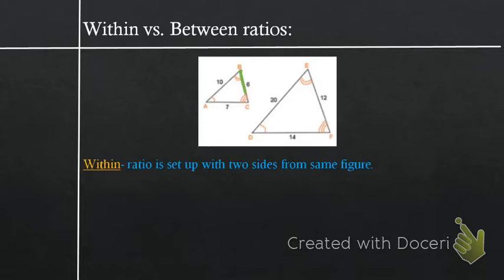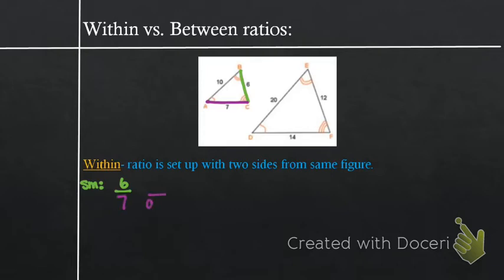I'm just going to mark side BC and then A to C. So I marked side BC, which is 6, from my smaller triangle. And then the other side that I marked is side A to C, which is 7.